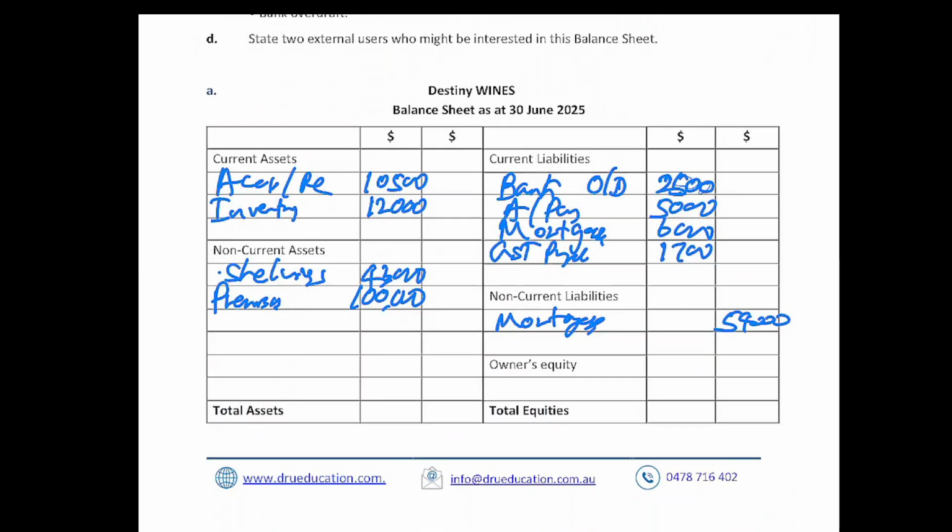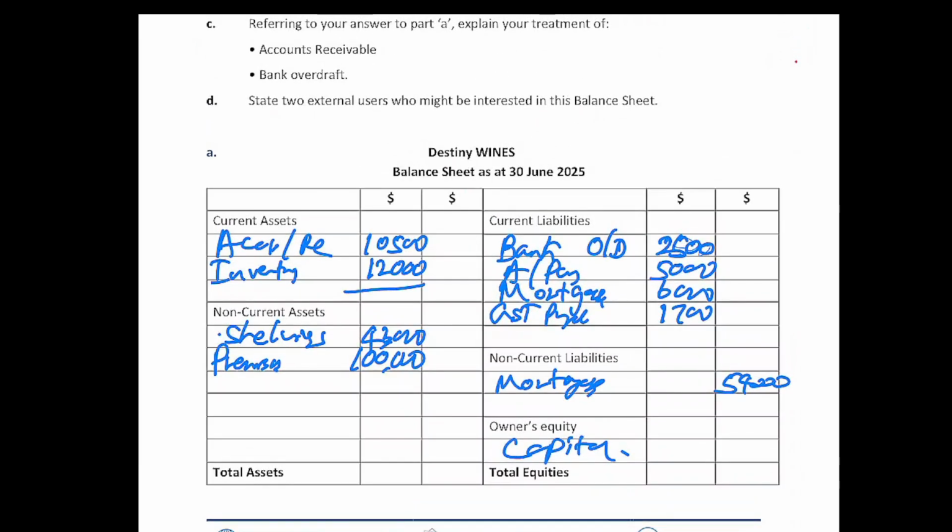So then we are missing one. What is it? Capital. We don't know what the capital is. Then what should we do? Firstly, we finish the current assets. So how much is it? 22,500. Non-current assets 143,000. So the total assets come to 165,500. Is it correct? Good.